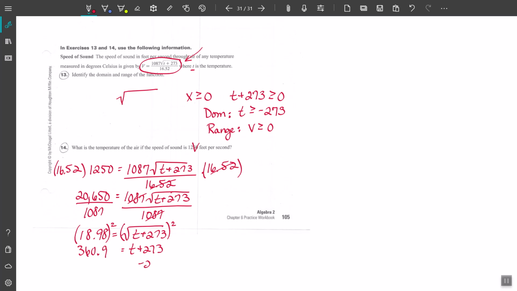And then we can just simply subtract to solve for our T, and that will be 87.9 degrees Celsius. So that's our final answer. When we have a speed of sound of 1250 feet per second, the air temperature needs to be 87.9 degrees Celsius.